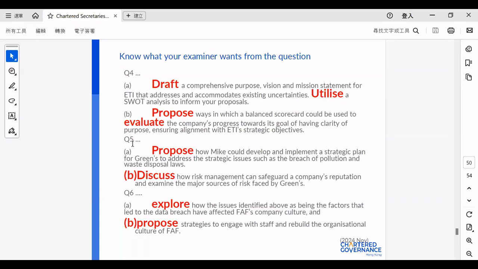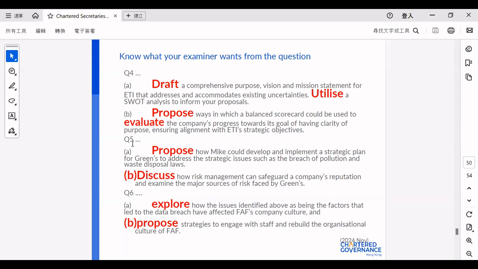And then question four is on drafting of some statements and utilize the SWOT analysis to inform your proposal. So use the SWOT analysis to inform your proposal. 4B requires you to propose ways to use the Spotlight scorecard and evaluate the company's progress.